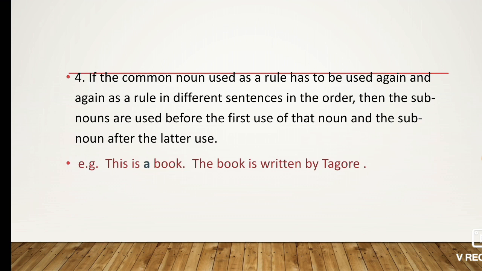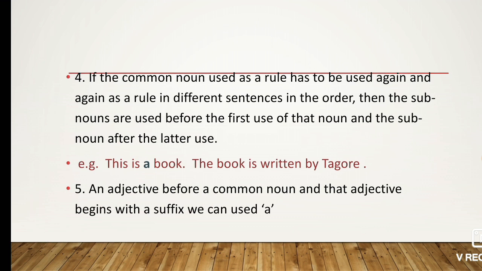For example, this is a book. The book is written by Tagore. In the first sentence we use the article a before book. Book is a noun, so you can use the article a before this word.